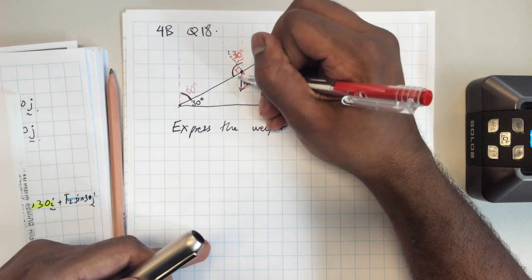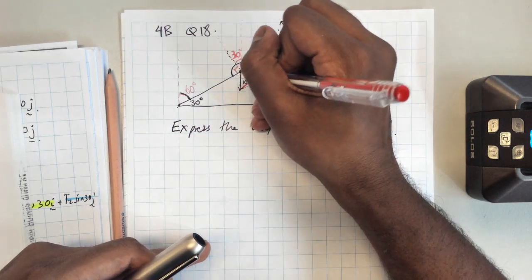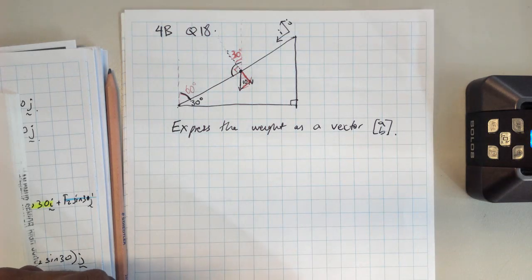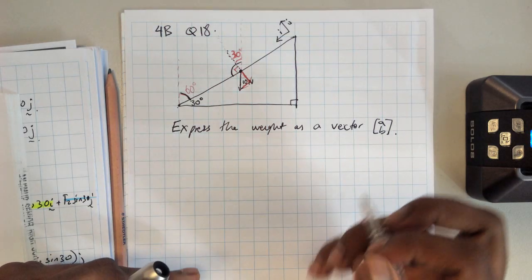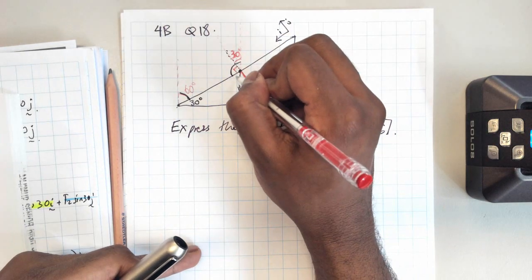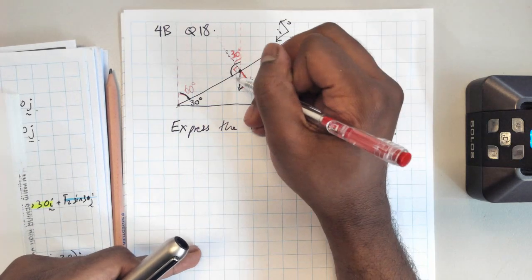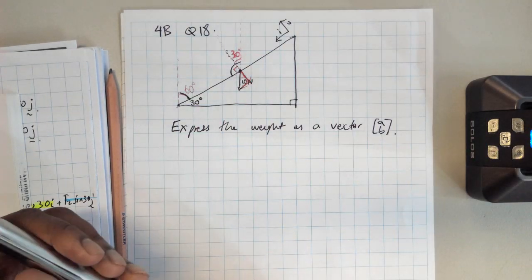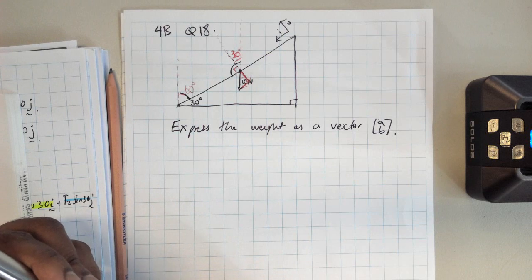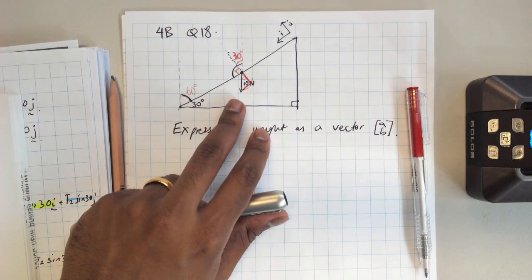How do I get either that one or that one? Max? I need to get either that one or that one, because once I find one, I can find the other. So let's zoom in a little bit.